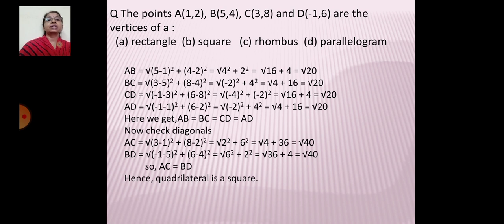All the 4 sides are equal. Now let us check their diagonals. When you calculate AC, AC length is square root of 40 and the second diagonal is BD. BD length is root 40. So all 4 sides are equal and both the diagonals are equal. That means the quadrilateral is a square.